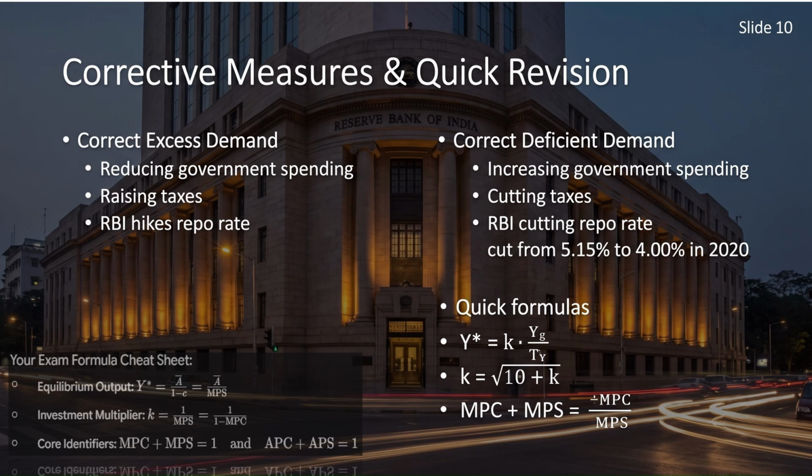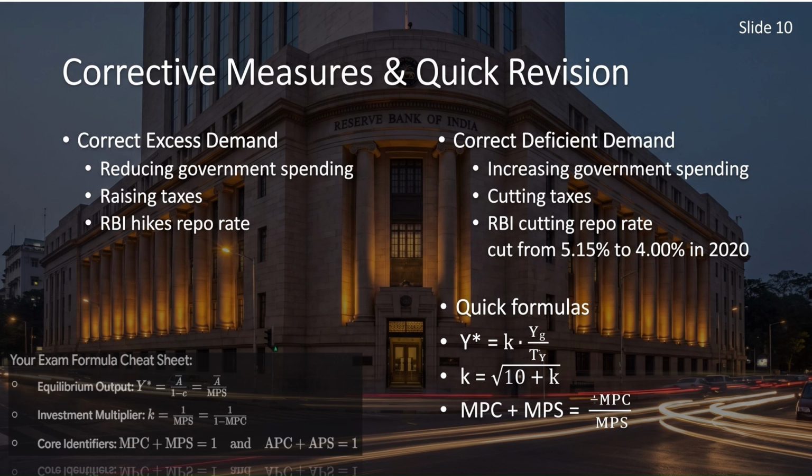To fix deficient demand or a recession kind of situation, the government increases public spending, cuts taxes, increases subsidies, and increases government expenditure on infrastructure projects. Simultaneously, the RBI cuts the repo rate, just as it did when dropping it from 5.15% to 4% in 2020, to make borrowing cheaper, jumpstart business activities, and generate demand.